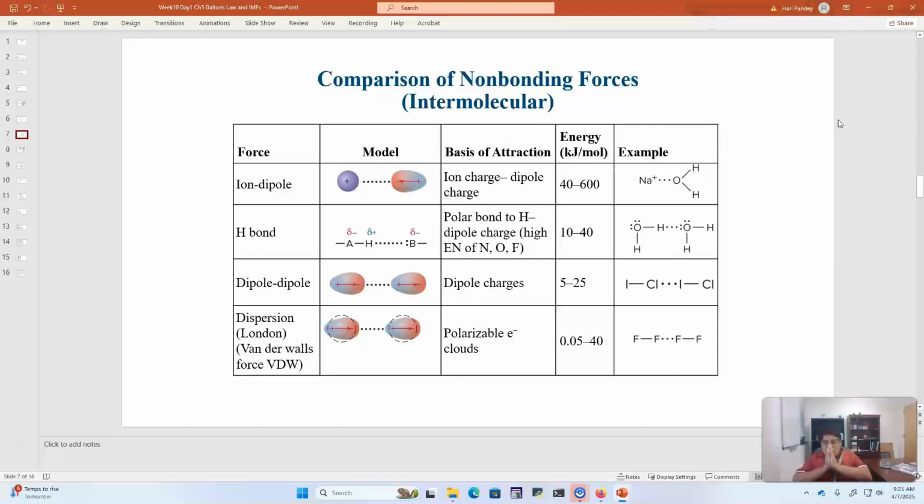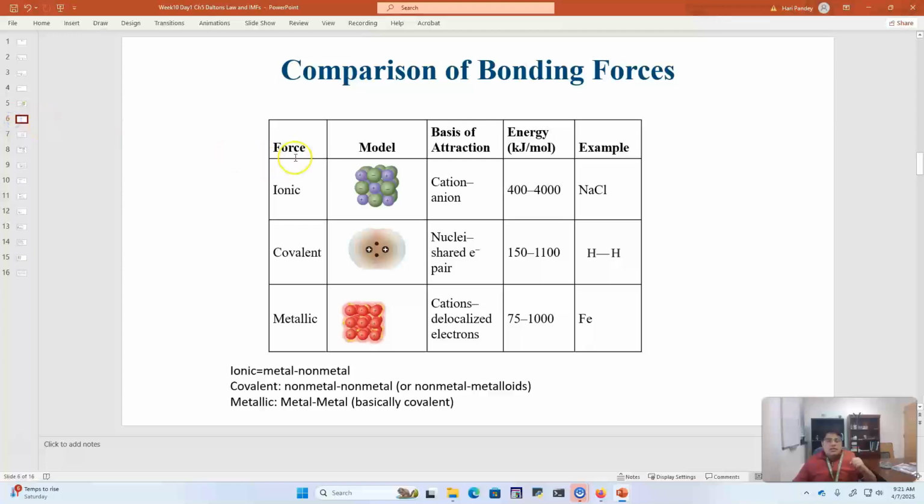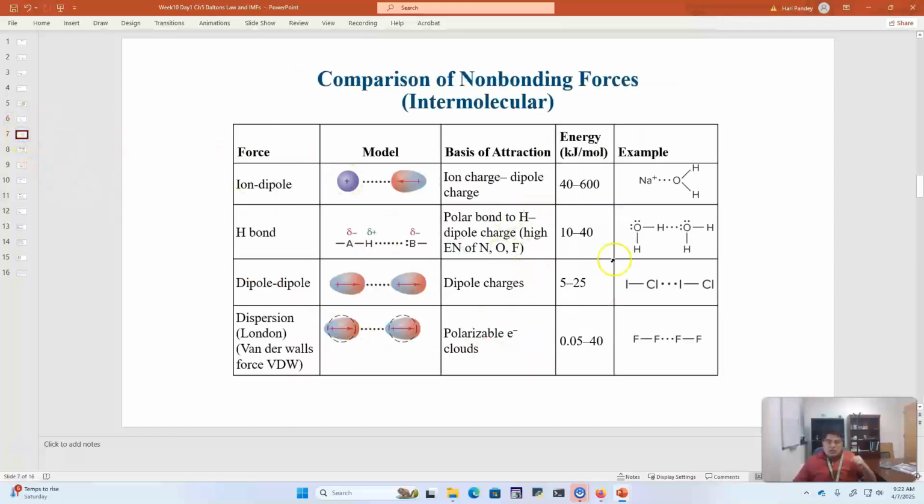See, all of them are less in energy, less powerful than the bonded forces. Ionic, covalent, metallic have 400 to 4000, like that. They all are very strong. But these are the non-bonded forces. These intermolecular forces are weaker than the intramolecular forces.